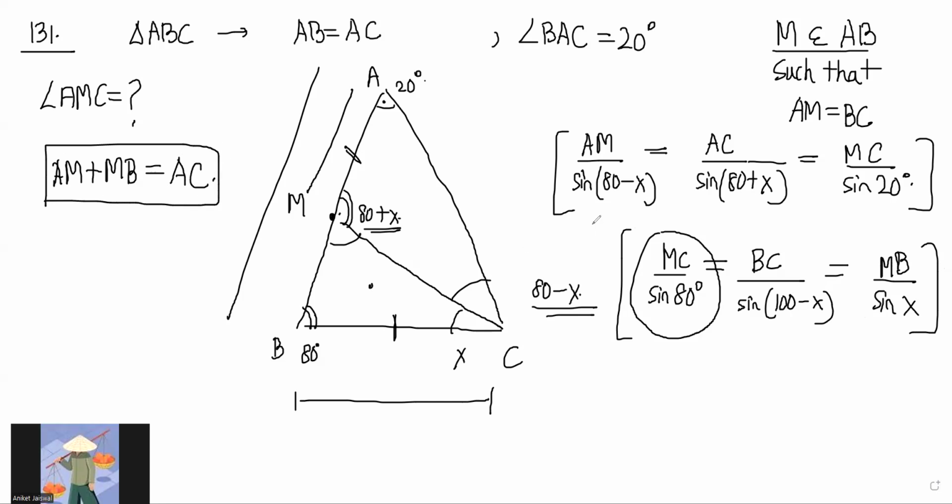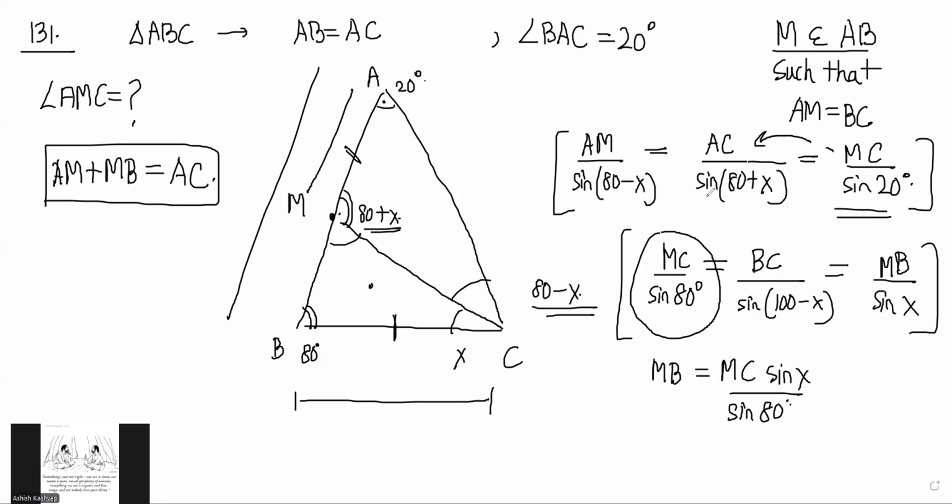So you'll write AM in terms of AC, and write MB in terms of MC. MB can be written as MC sine x by sine 80, right? And MC can be written in terms of what?